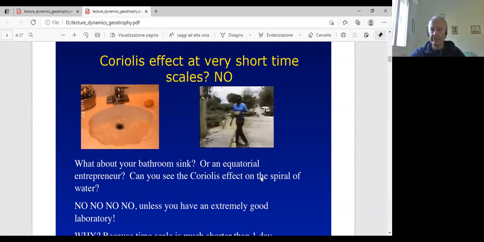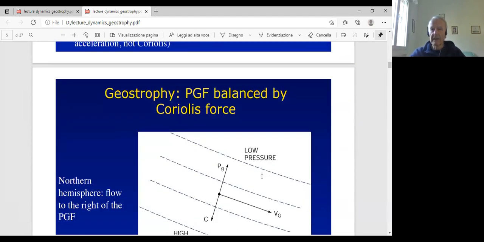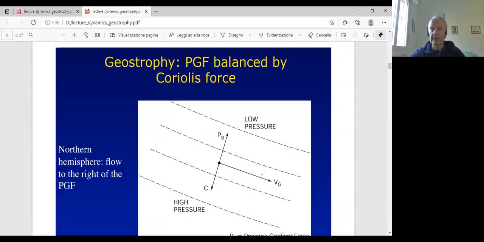And let's do this thing. What does that mean in a schematic way, starting from the equations? What does that mean for our flow? For our flow, we have that the pressure gradient force balances the Coriolis force.